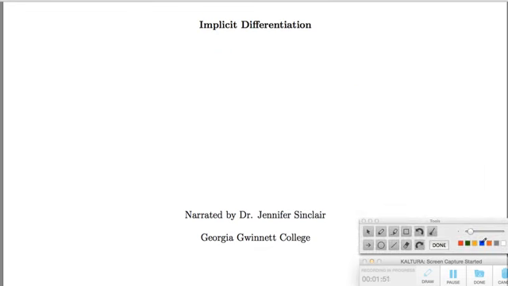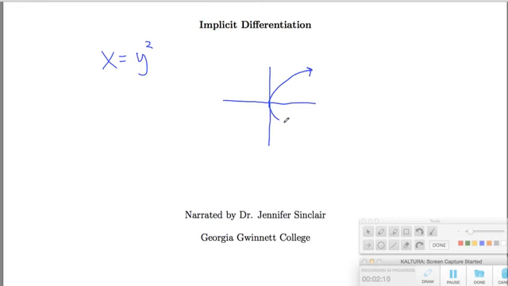Now, another situation where you might need it: let's say you had the function x equals y squared. You know, y equals x squared looks like the parabola centered at 0. But x equals y squared is actually a parabola centered this way. If you tried to solve this for y, you would get y equals plus or minus the square root of x.